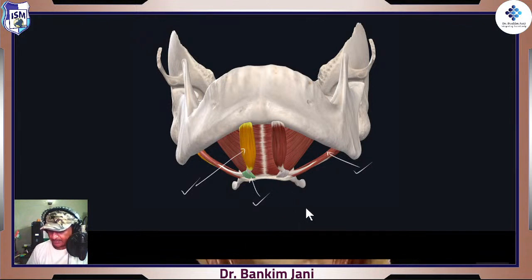So their insertion, if we talk about it officially, the insertion of digastric is just lateral to midline. Over here, this is just lateral to midline. So that's where the insertion is.